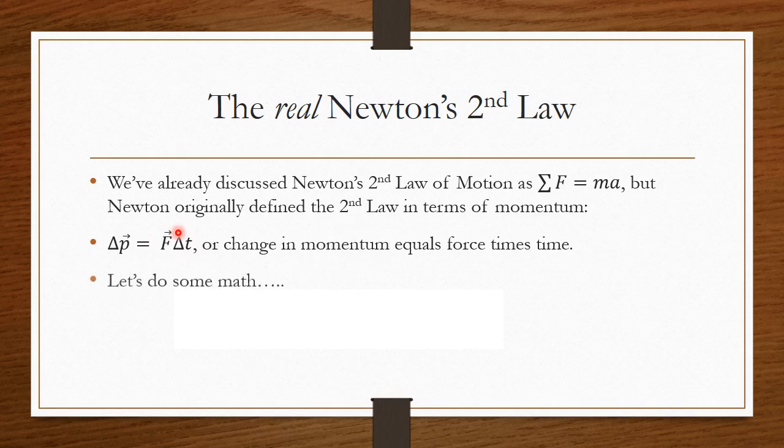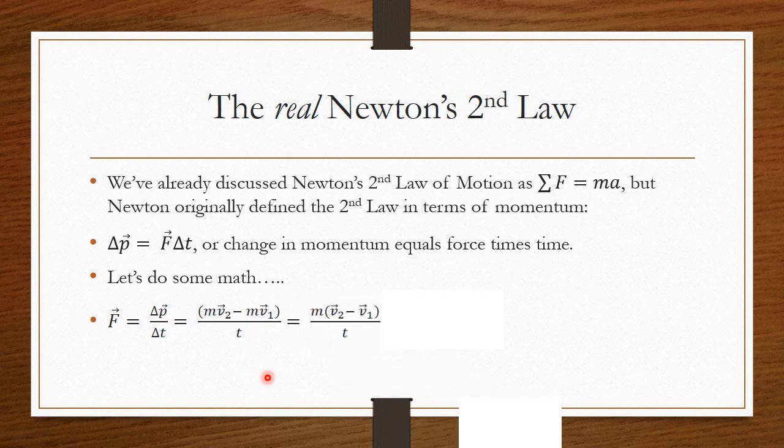So if we start with that equation and do some math, rearrange it so we have force equals change in momentum divided by change in time. And we say that the change in momentum is the final momentum minus the initial momentum divided by time. And we factor out that mass, so we have m times the change in velocity divided by time.